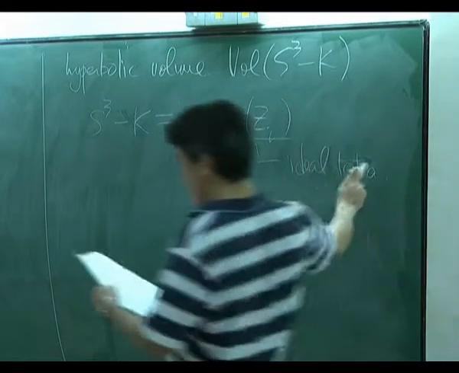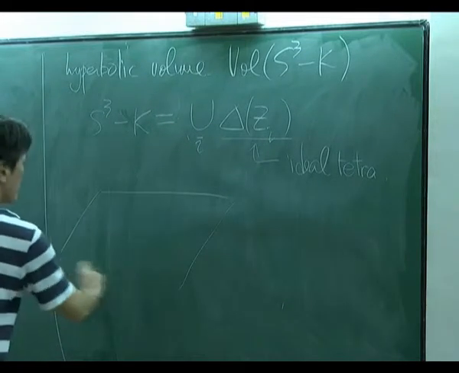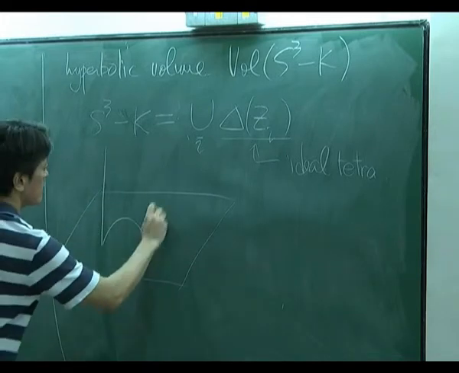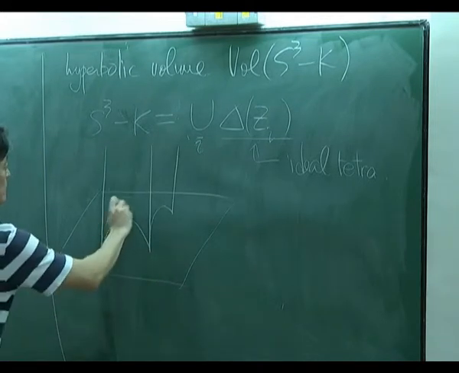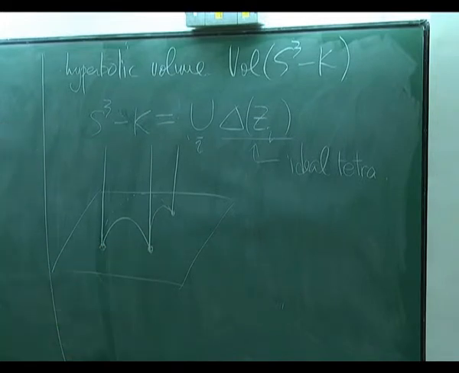So the ideal tetrahedron lives in three-dimensional hyperbolic space. The shape of an ideal hyperbolic tetrahedron is like this.